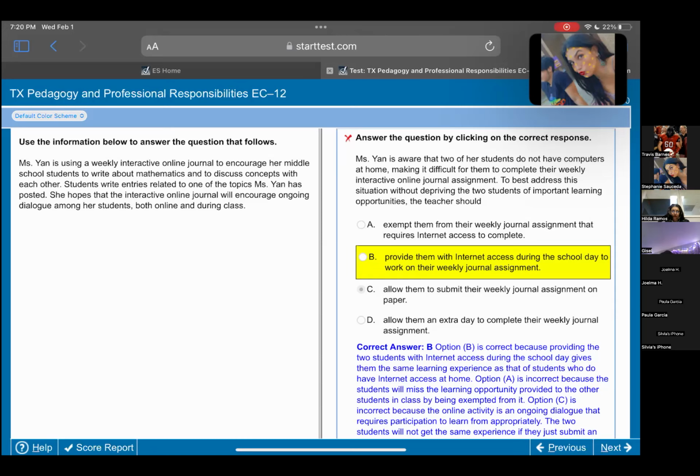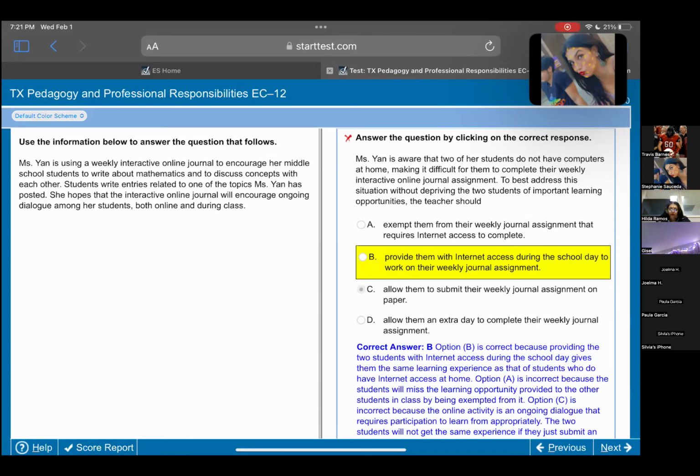Best case scenario, you would sit in computer home with the children, but at the very least, they would still participate unimpeded on schedule, not an extra day, because then when we come and talk about it later, you're behind the times and we've already moved on. So allowing for an extra day wouldn't work. Taking the opportunity for them to dialogue about math would not work, which is A.